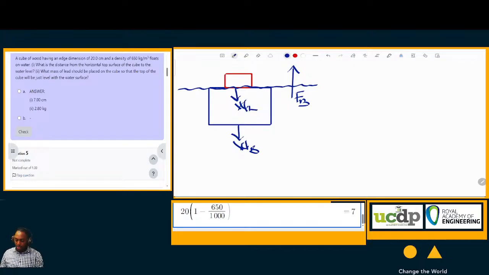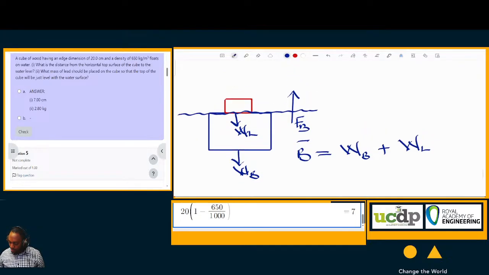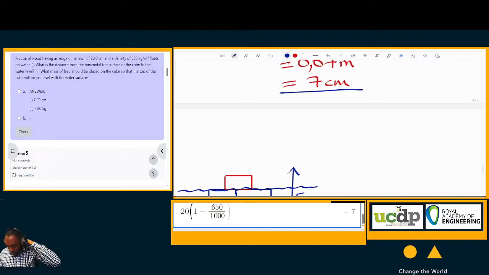So if you had to form an equation, your buoyancy will be equal to the weight of the block plus the weight of the lead. The weight of the block, remember, we computed earlier on.